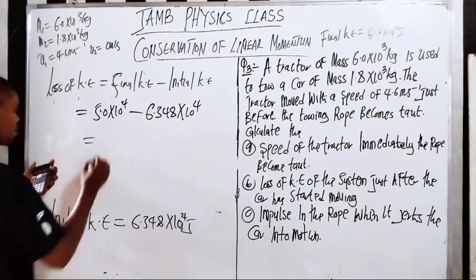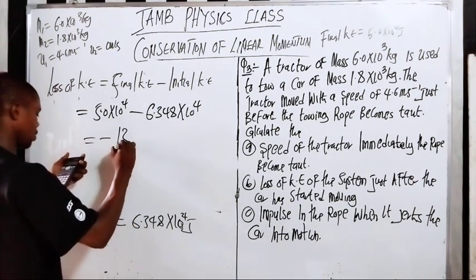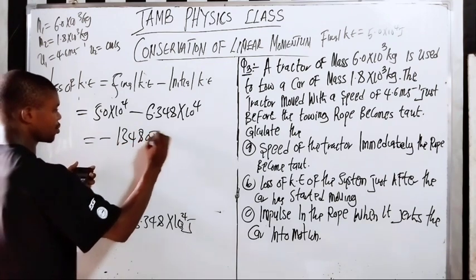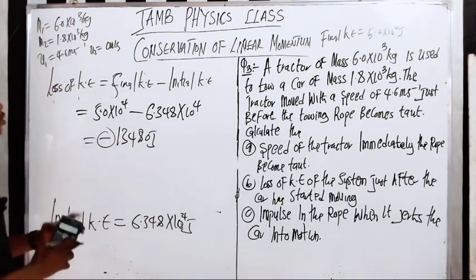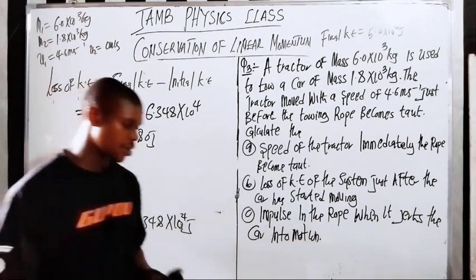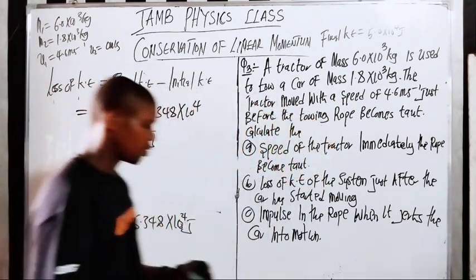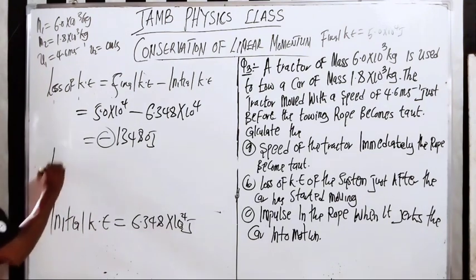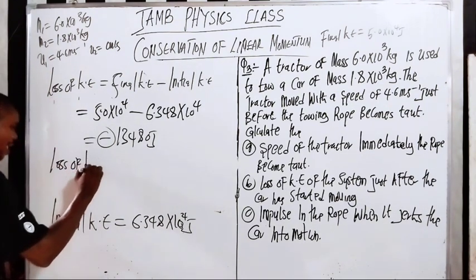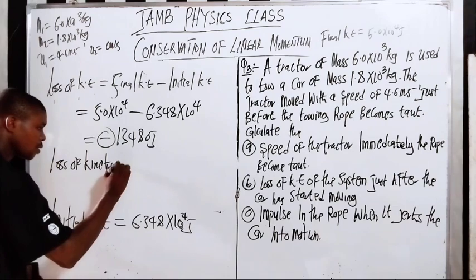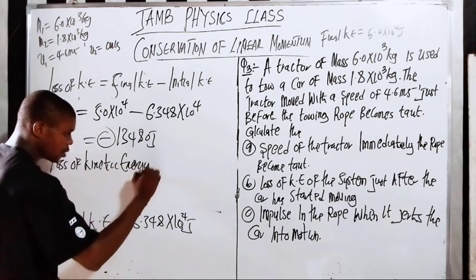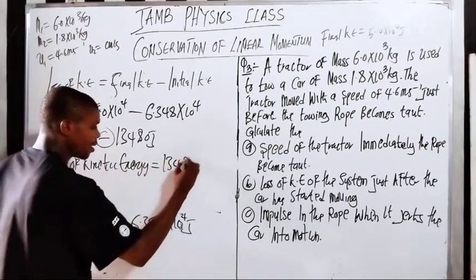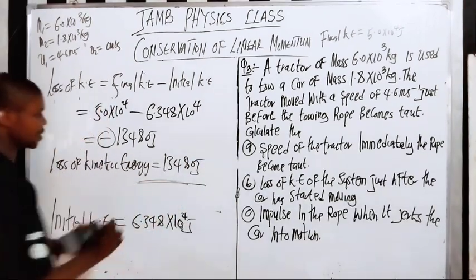So we have minus 13480 joules. Now this minus you are seeing here means loss of kinetic energy. So my loss of kinetic energy is 13480 joules. That is it.